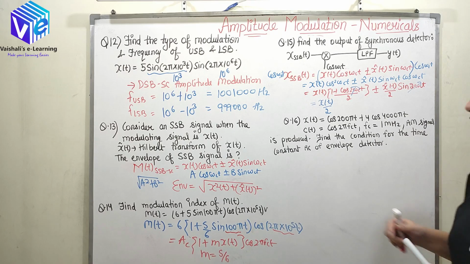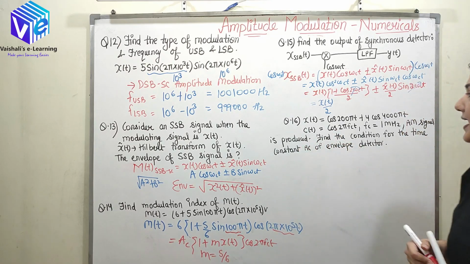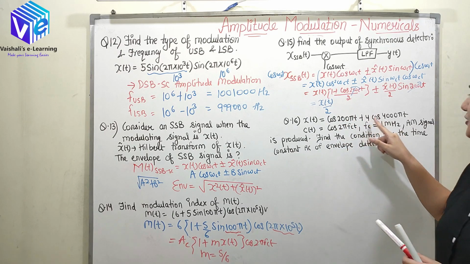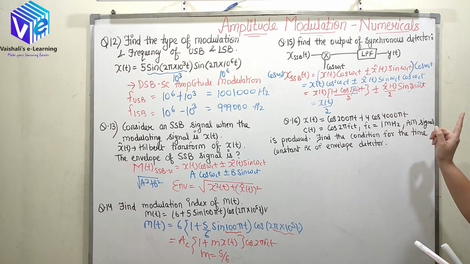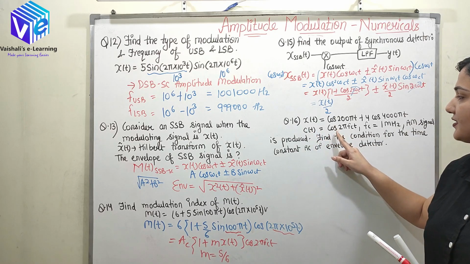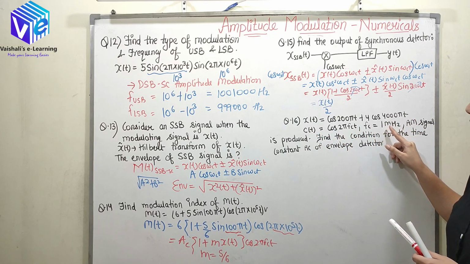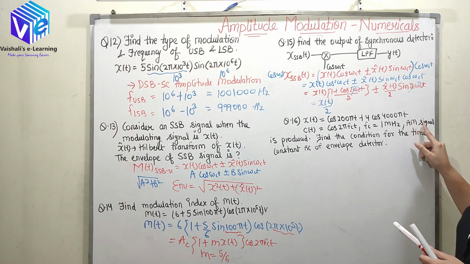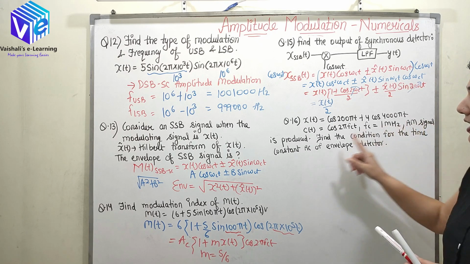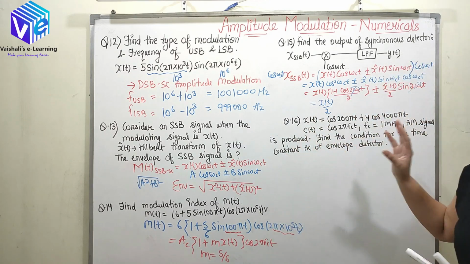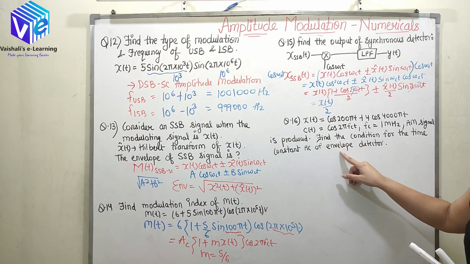Now coming to the next question, it states x(t) is equal to cos 200πt plus 4 cos 4000πt and the carrier is cos 2πfct, where fc is 1 megahertz. The AM signal is produced with the help of x(t) and c(t), and it is passed through the envelope detector.